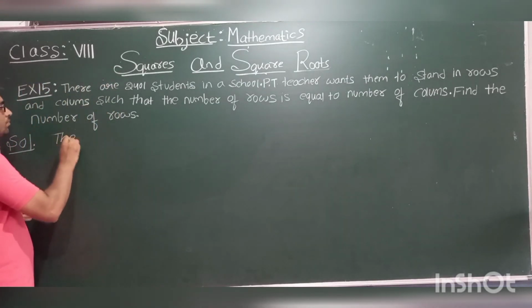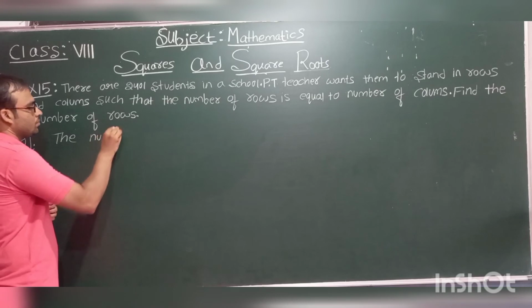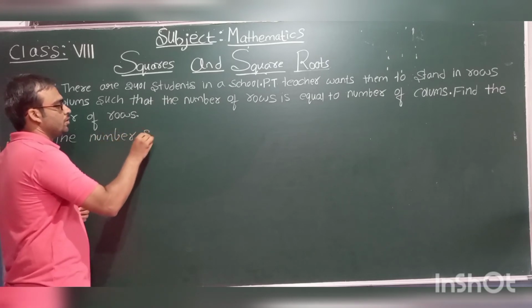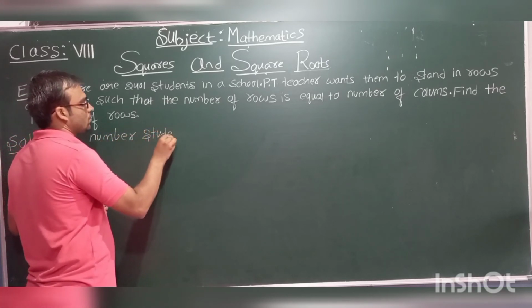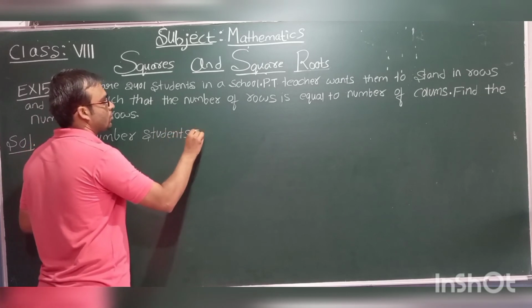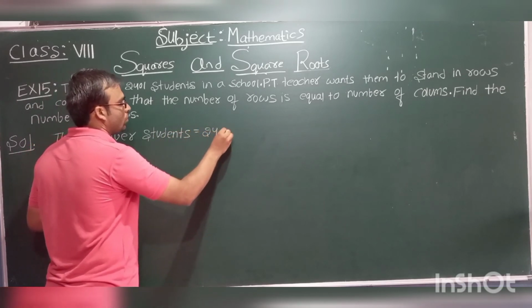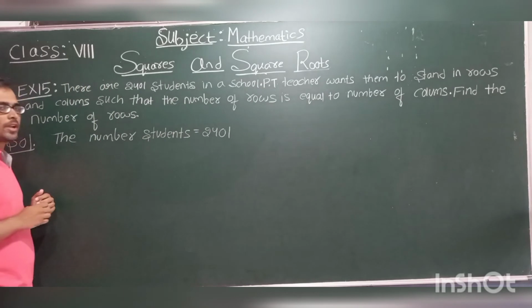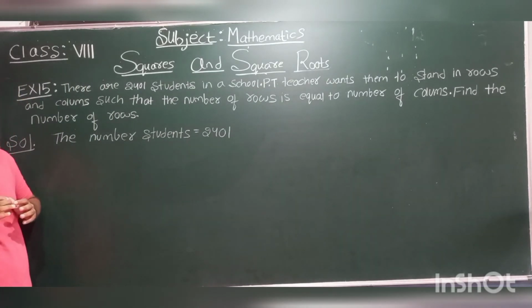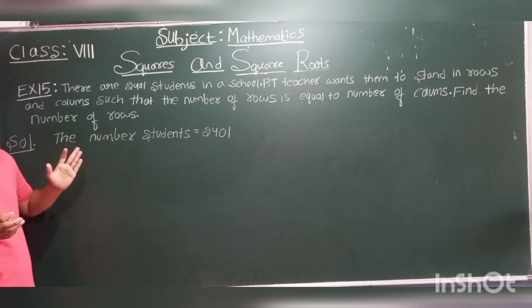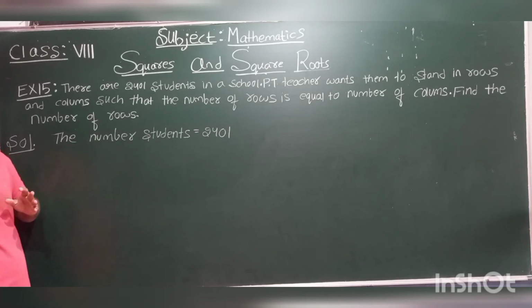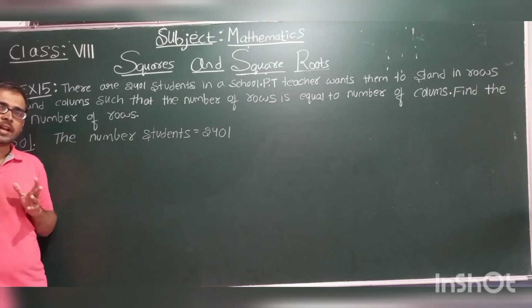The number of students equals 2401. Now let the number of rows as well as the number of columns equal x. Why? Because here what they have given is that the number of rows and the number of columns are the same. So we'll take the number of rows as well as the number of columns as x.